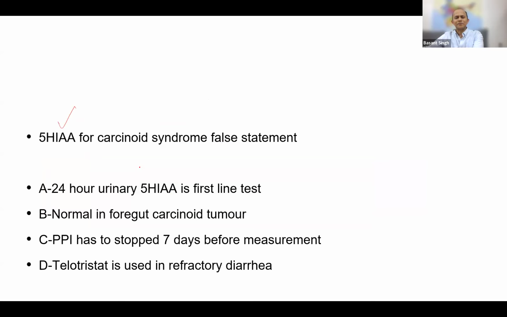False statement. So basically, to diagnose carcinoid syndrome, we use 5-HIAA. Okay, it is a 24-hour urinary measurement that we use. Problem is that there are some drugs, some foods that can lead to spurious levels of 5-HIAA. So avocados, bananas, and all these things.